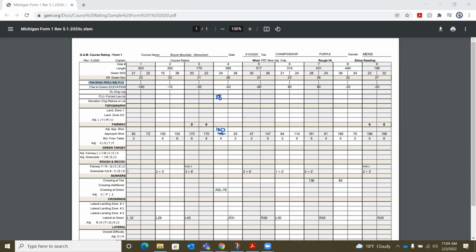And again, that would be another time where you'd want to put a note at the bottom, because if I'm looking at this Form 1 and saying they put 25 here and they got to 180, I'm going to think that the math was wrong. But if I see the note below, then I'll know that it was done appropriately. We still have the L adjustments here as well in this case.